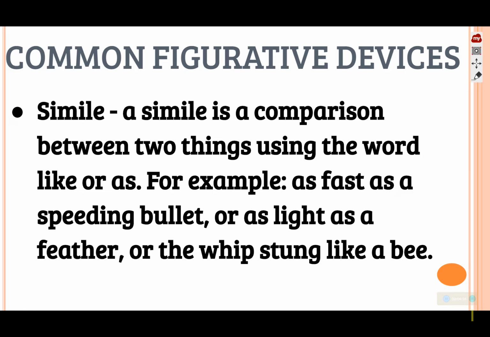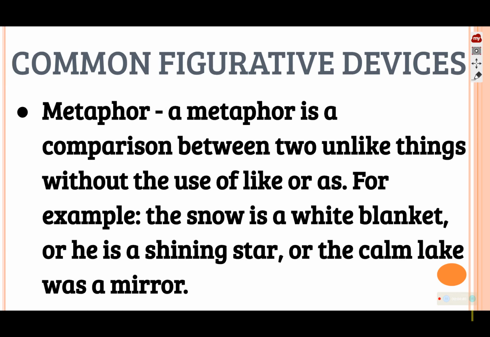So in reading, if you notice any similes, you should try to underline them, as well as if asked any questions to identify a simile, you should look for a comparison between two things using the word like or as.